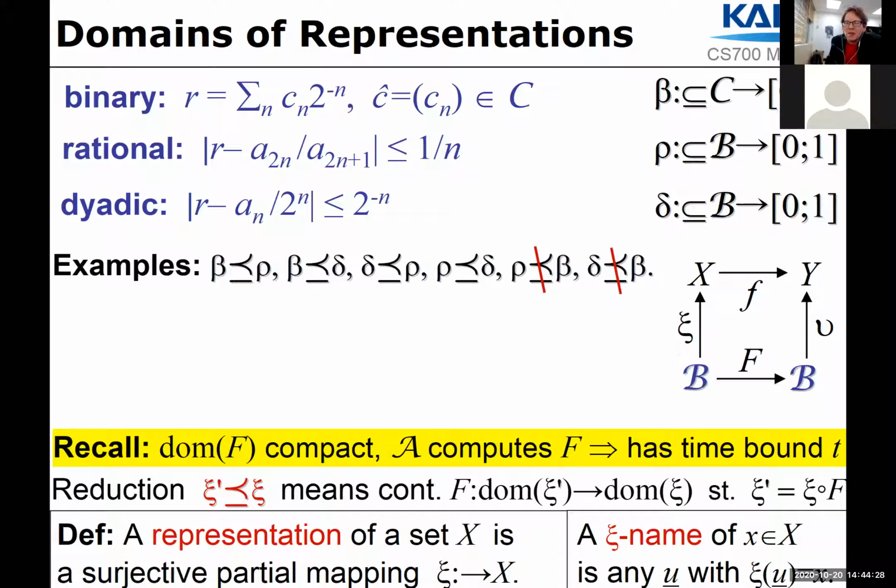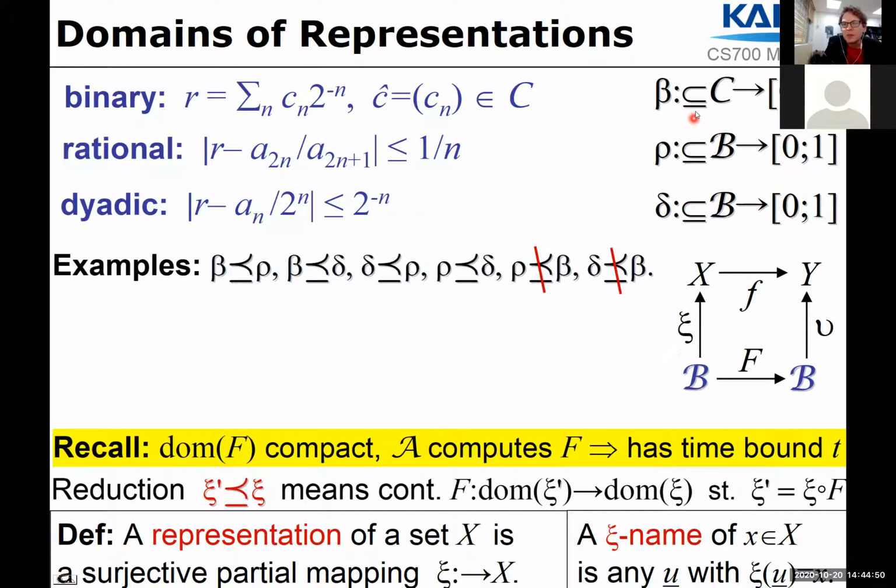These differences about compactness or non-compactness of the domain and the codomain will now become apparent again, because recall that our representations have domains which are a subset of Cantor space and Baire space.